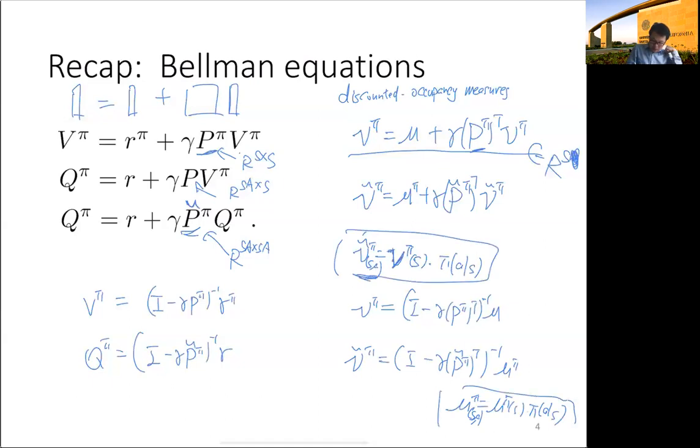This one is the actual joint distribution of state action pairs under the policy pi, right?